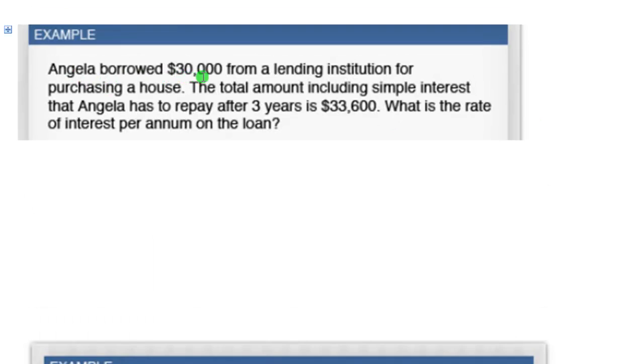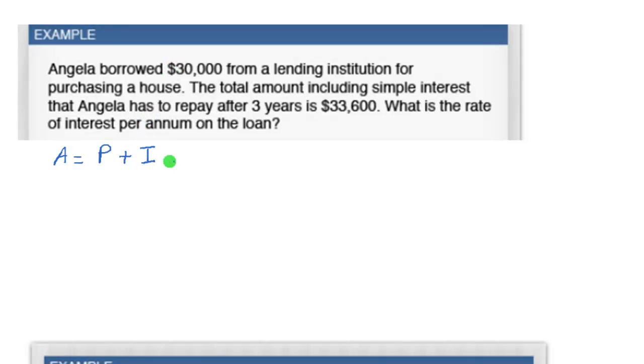Next. Angela borrowed $30,000 from a lending institution for purchasing a house. The total amount, including simple interest, that Angela has to repay after 3 years is $33,600. What is the rate of interest per year on the loan? The total amount that she pays is principal plus interest.